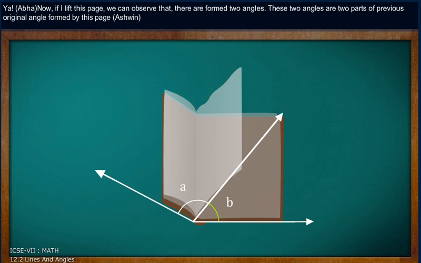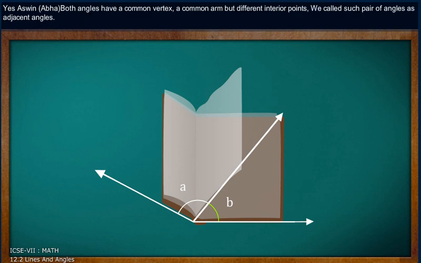These two angles are two parts of the previous original angle formed by this page. Abha says, yes, Ashwin. Both angles have a common vertex, a common arm, but different interior points. We call such a pair of angles adjacent angles.